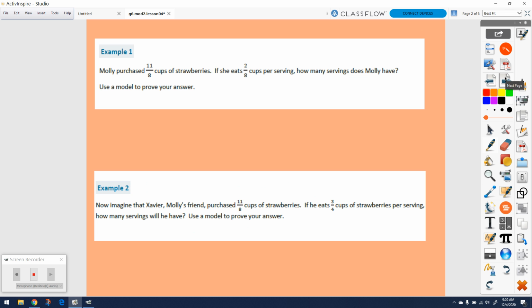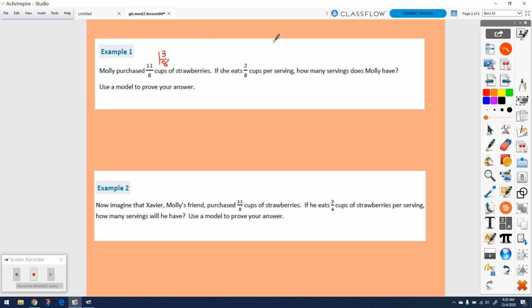Next one is right below it, and we're talking about Molly. And Molly has purchased 11/8. Oh, in mine it says 1 3/8, sorry. They have already made this. Since it's an improper, they made it into a mixed. So those are the same. So she purchased 1 3/8 cups of strawberries.